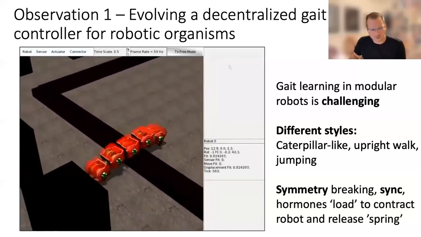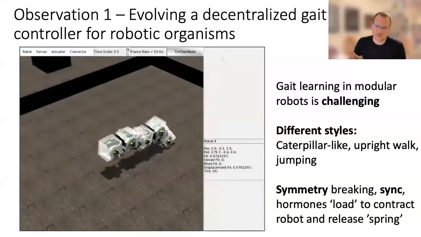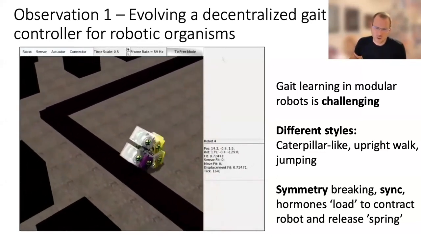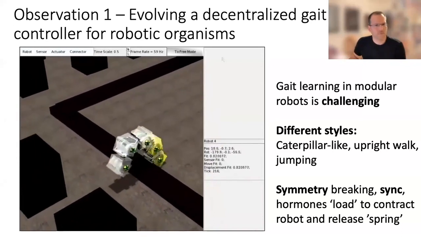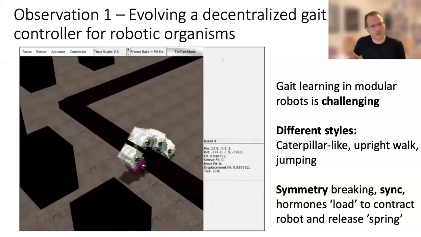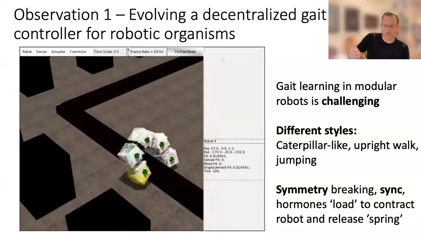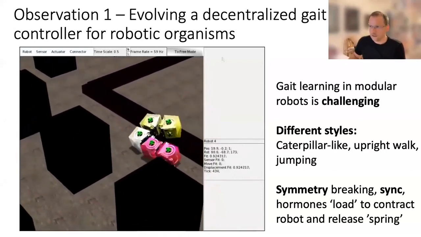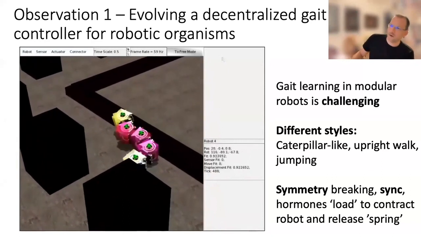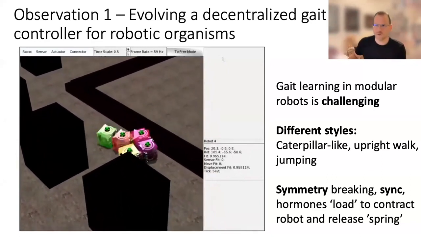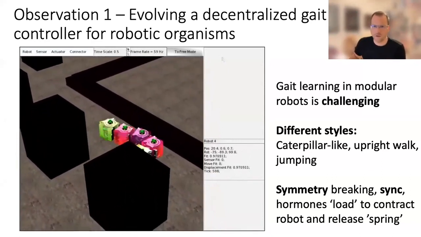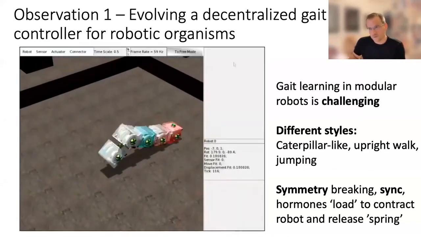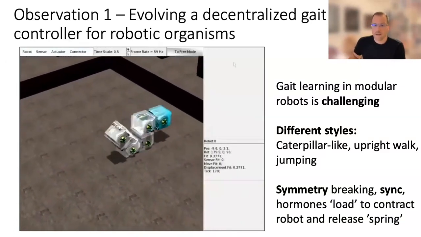And it's important to notice that it's really challenging in these behaviors to break the symmetry. We allow the robots to go either way, this way or that way. We just measure covered distance. Here, this robot now fell over, but at least it learned to pull its tail over the wall as well. So symmetry breaking is something that these robots have to solve.